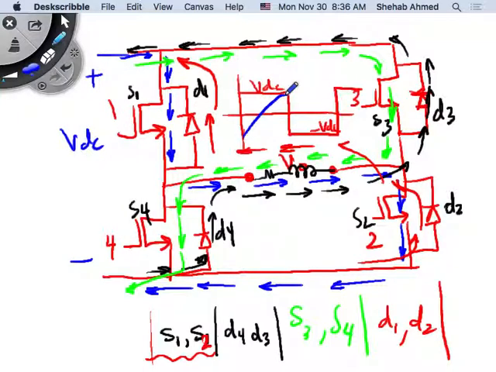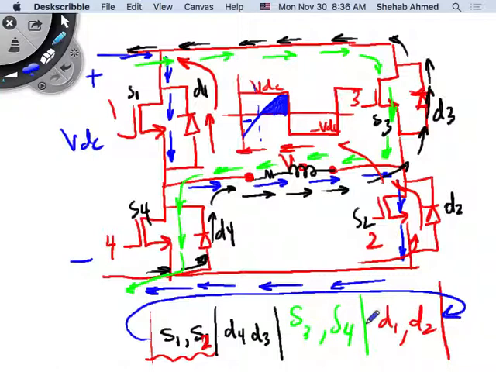So this was a period of positive current. Before it, there was a period of negative current, and this is repeating. This is just a cycle you go through. So this was positive current through the inductor.